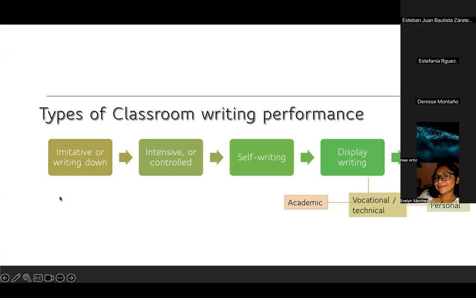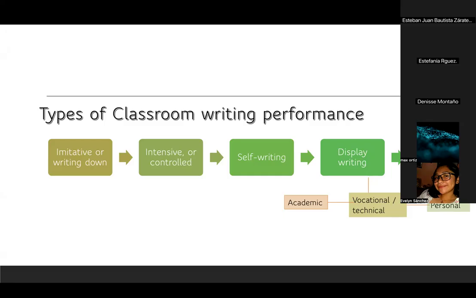So the first part is an imitative or writing down performance in this case. What is the imitative? In the example, you are going to ask students just to fill in some blanks. You have a written text about the same topic, about past memories.